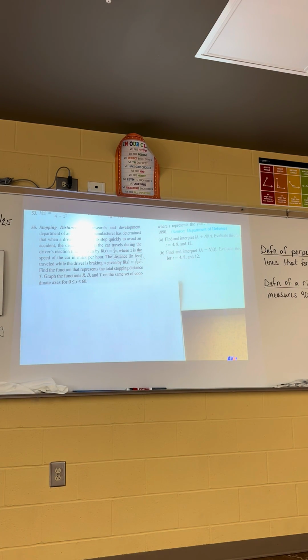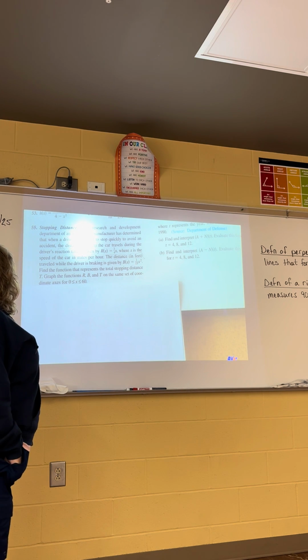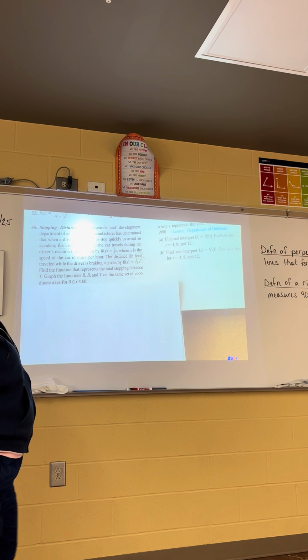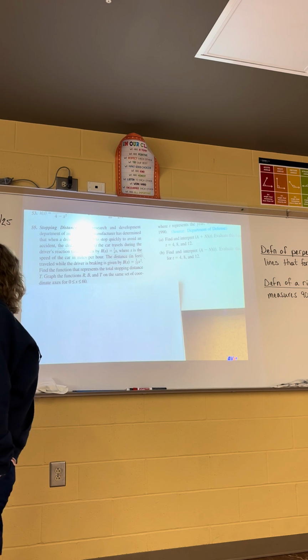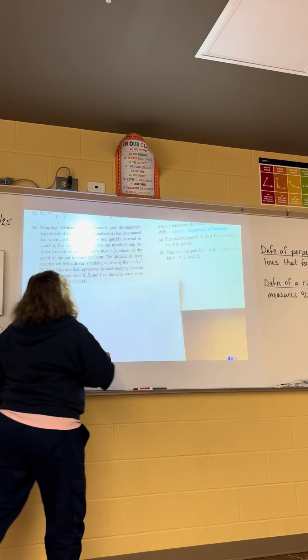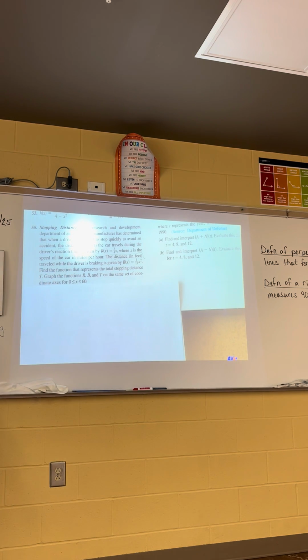The distance in feet traveled while the driver is braking is given by B of X equals 1/15 X squared. Find the function that represents the total stopping distance T. Graph the functions R, B, and T on the same set of coordinate axes for 0 to 60.